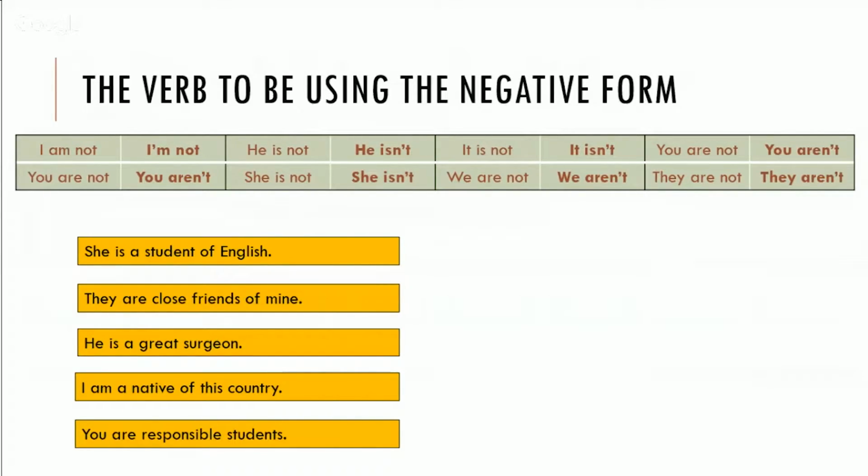So what I want you to do, number one, I want you to give me the subject, the verb, and the negative as a contraction. Since there's two ways to do it, you want to use the ones that you see on top. So you want to use isn't, aren't. So I'll wait for you guys to write them out for me.